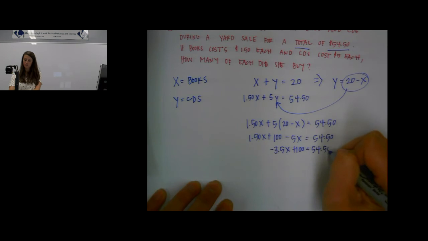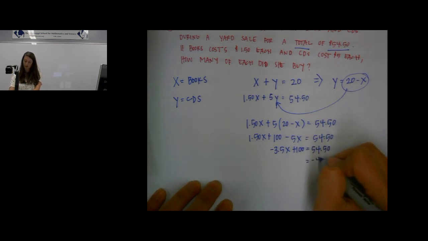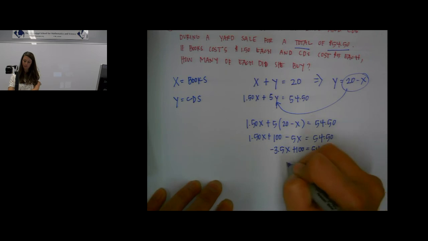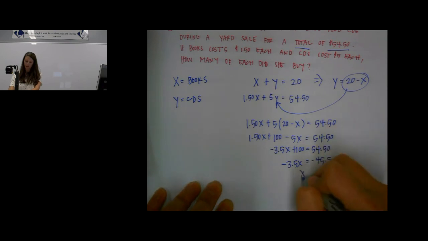Now I need to solve for X, so I'm going to subtract. 54.50 minus 100 is going to give me a negative 45.5. And then I'm going to divide both sides by a negative 3.5.